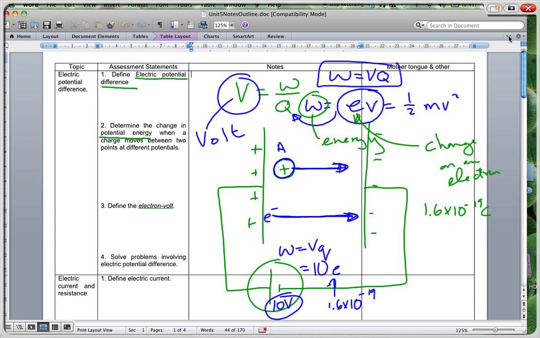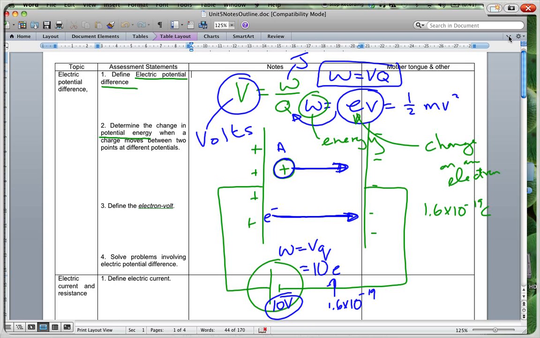So the energy per charge is your V, and your W is energy. This W is measured in joules, and this over here is measured in volts. But it's like the V is a subset of W. Yes, we get our V by dividing our joules by our charge.